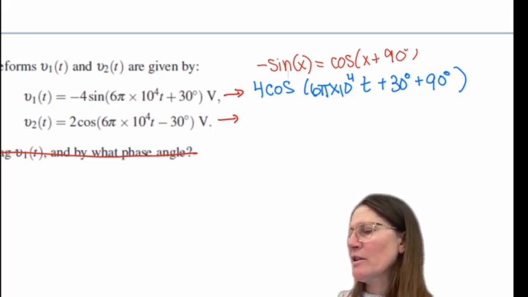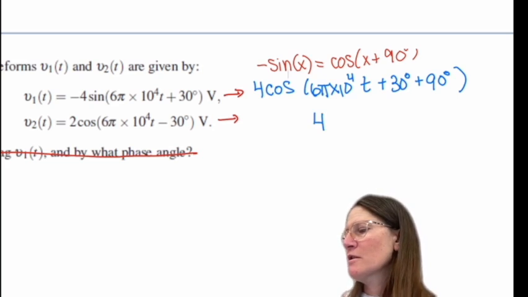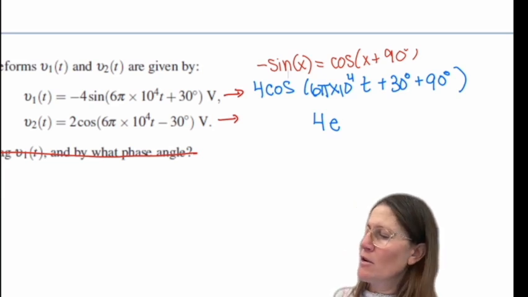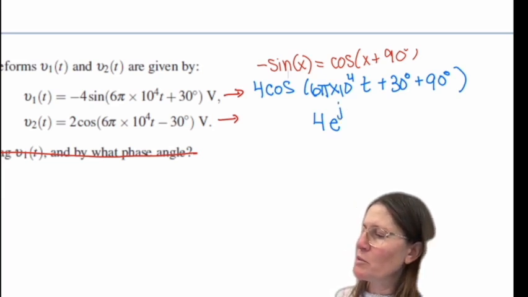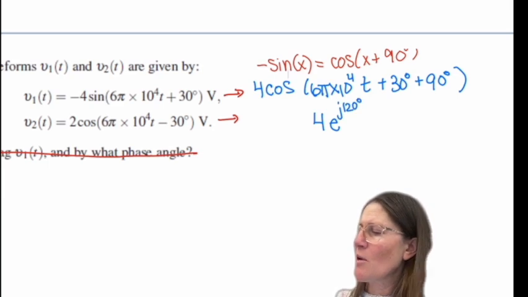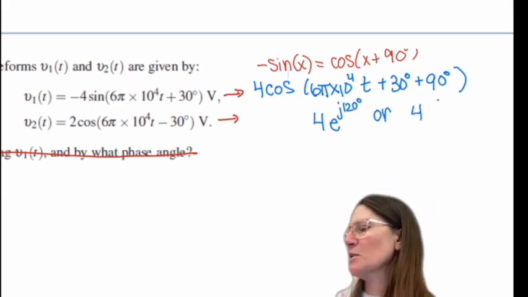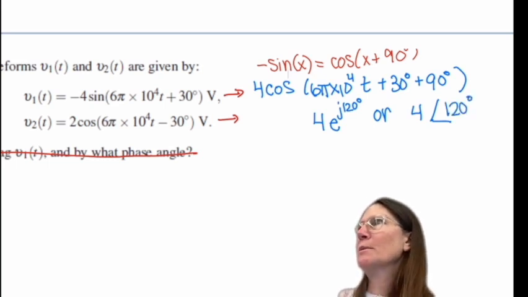So this one is going to be 4 e to the j120, or you can write it as 4 angle 120. Those mean the same thing.